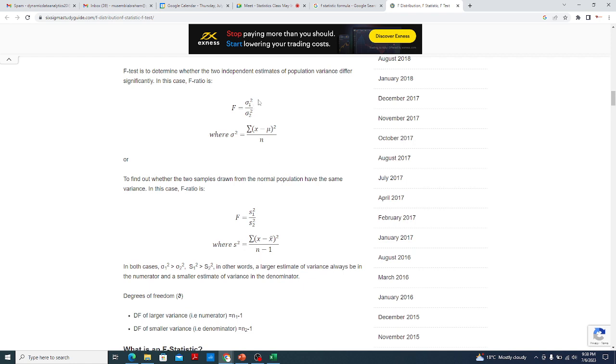Usually for the F statistic, you take the ratio of the variances of the two variables. Let's say this is y and this is x. To get the F statistic, you take the standard deviation of y divided by the standard deviation of the second variable, x.